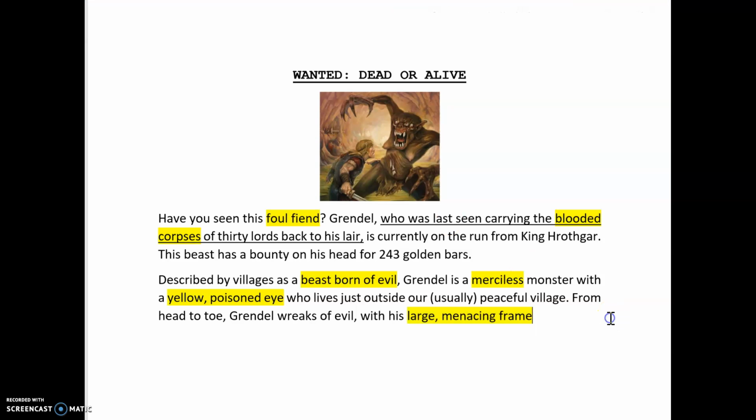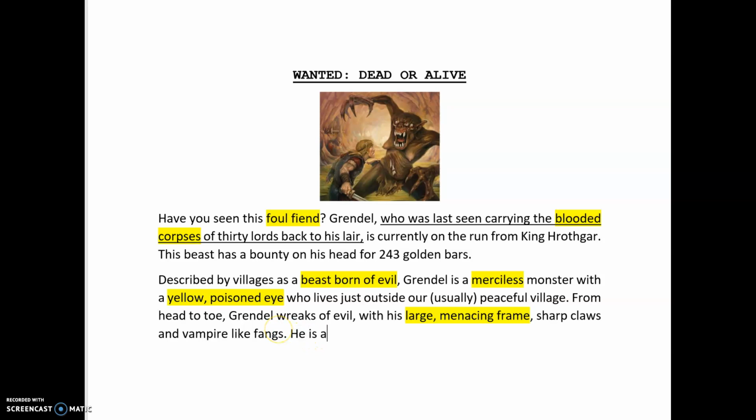Large menacing frame, sharp claws. I'm using my commas for a list. Sharp claws and vampire-like fangs. So I've got my expanded noun phrase, I've got a comma because I'm going to put a list. I've said he's also got sharp claws, and then I've used my conjunction and to put the last point of my list in.